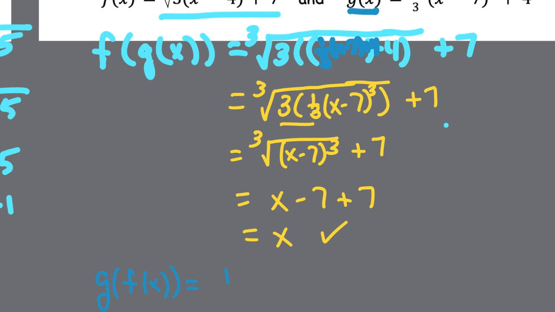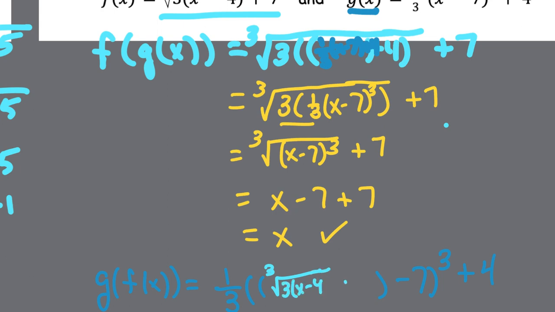So my g is 1/3. I'm going to give myself a bigger space for x this time, so I'm not stuck doing that. So I've written out all of g. And now I just need to take f and put it inside. So we got the cube root of 3, x minus 4.